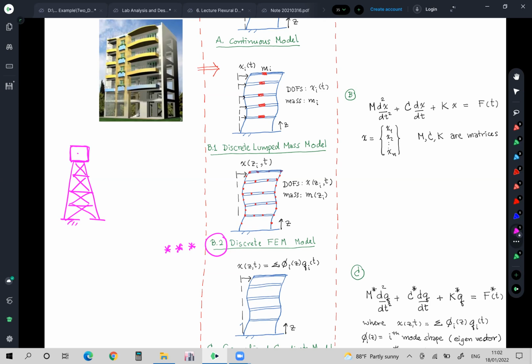Second is, the design of a building sometimes needs what they call deep understanding, or insight understanding, of the building behavior.